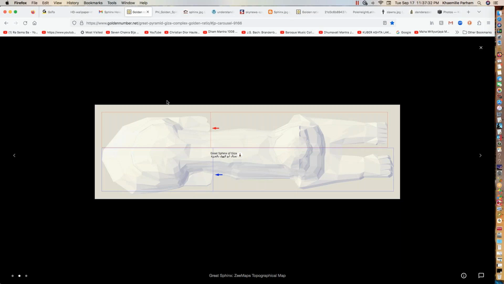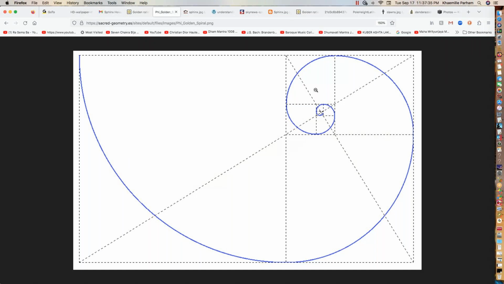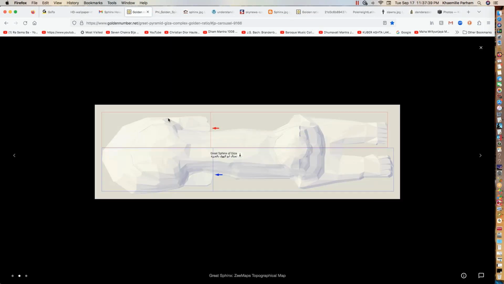Phi is, let's see if we have phi here. This is a phi spiral, and it's equal to the numbers 1.618, called a capital phi, or 0.618, called a lowercase phi. Okay?